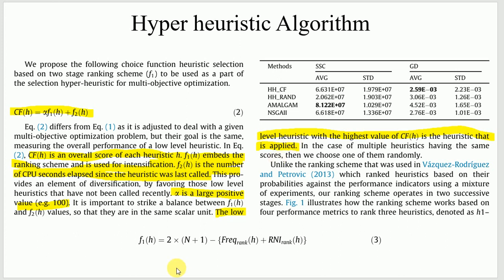So this is how we can use a choice function to select the most appropriate low level heuristic or meta heuristic that can be applied in the next iteration. So we can use the choice function as a selection method.